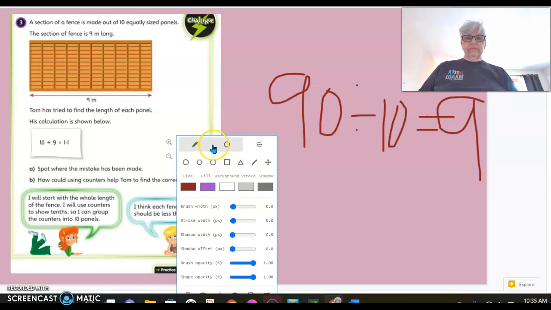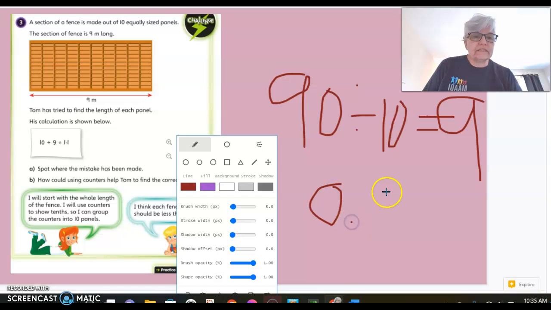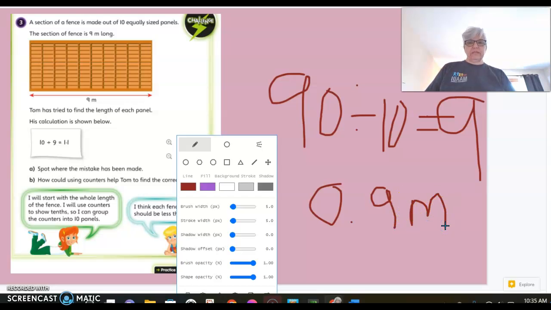And so then we would say that in each meter there would be 0.9. Okay, 0.9 is the length of each panel.